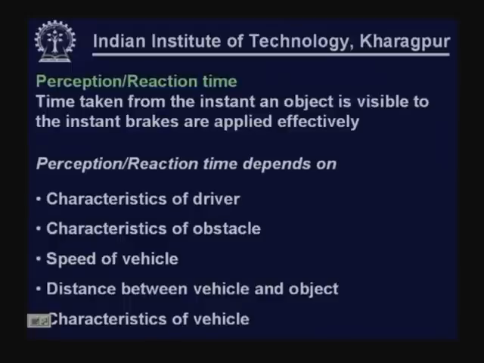From your logical mind, you can understand that this time depends on several factors. For example, characteristics of the driver, what is his age, what is the mental alertness. Similarly, the characteristics of the obstacle, whether it is a moving object or a stationary object. Third, speed of vehicle, driver's alertness also depends on speed of the vehicle.